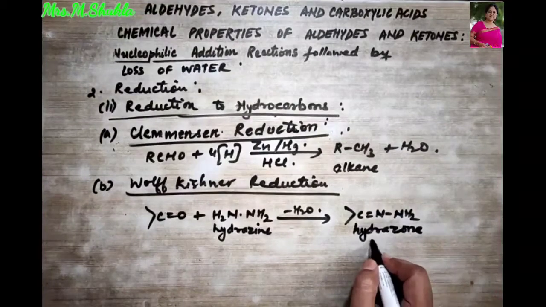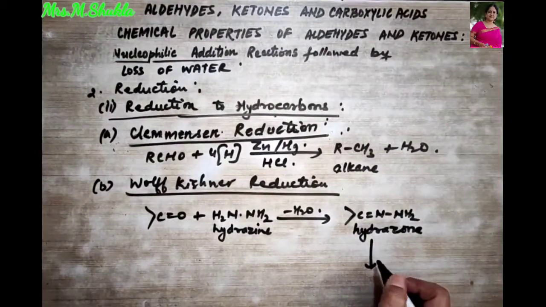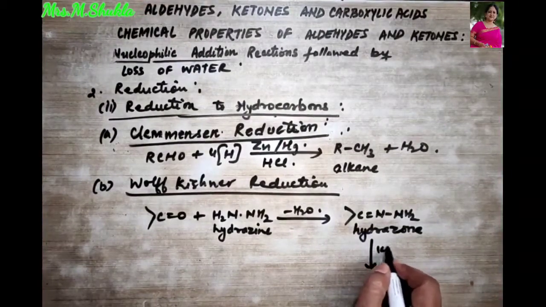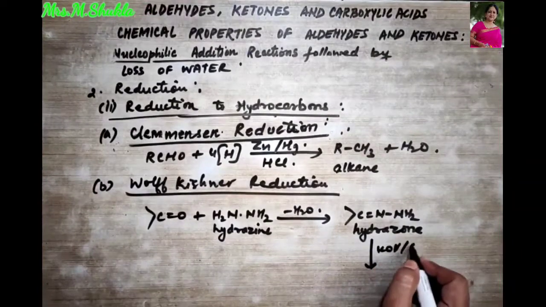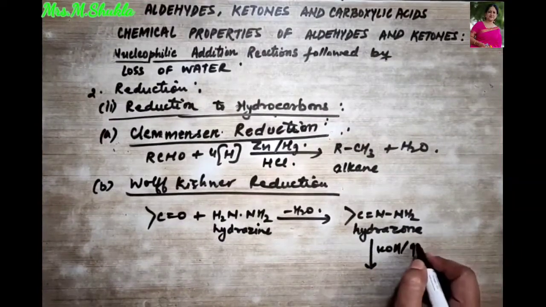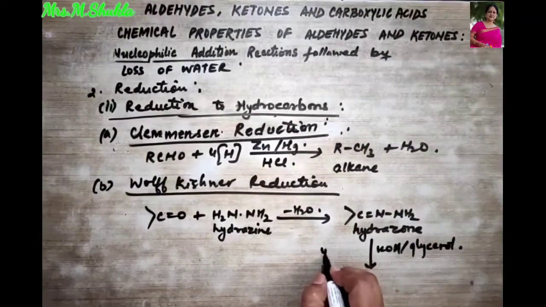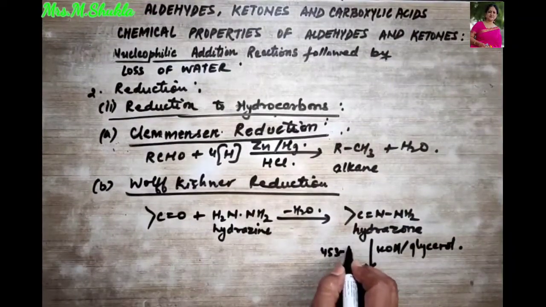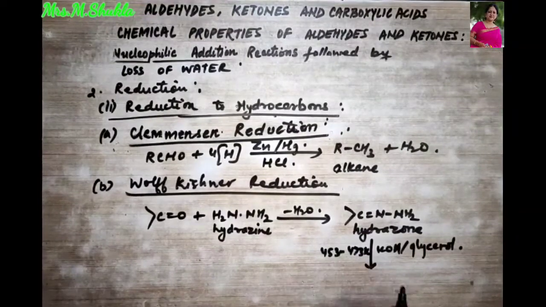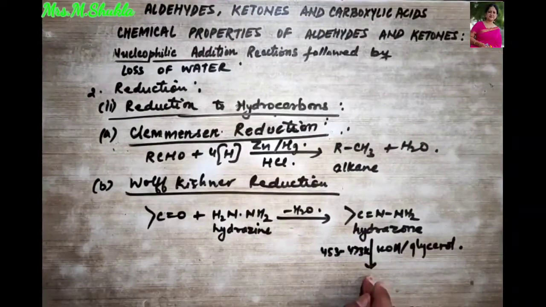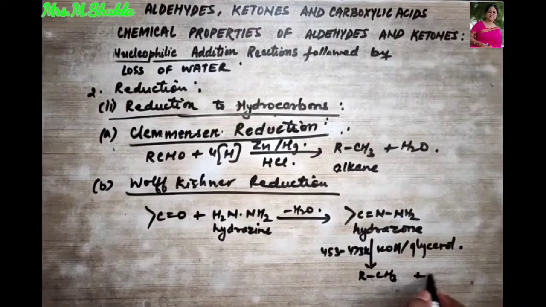And further, this hydrazone, when treated with KOH or glycerol at the temperature 453 to 473 Kelvin, is going to form an alkane, that is RCH3, and nitrogen gas will be given out.